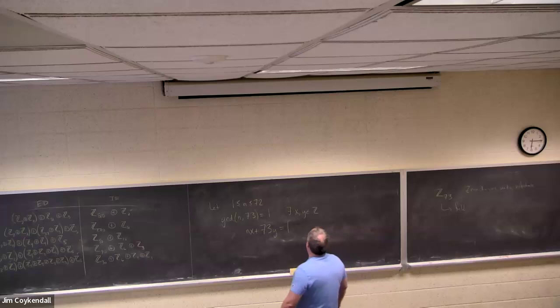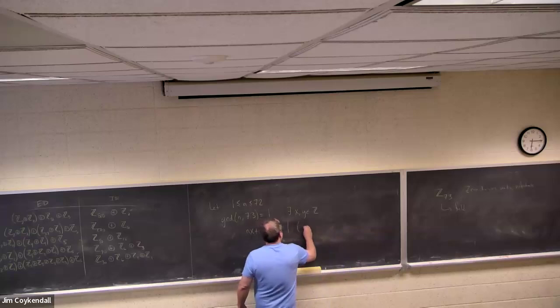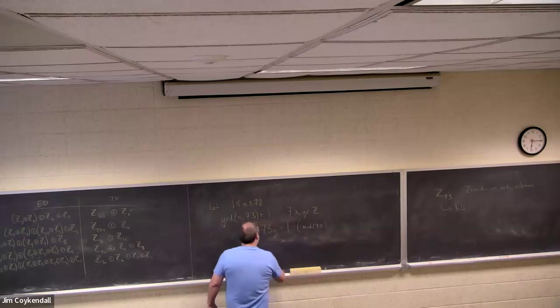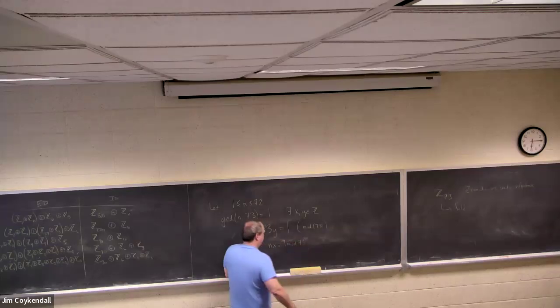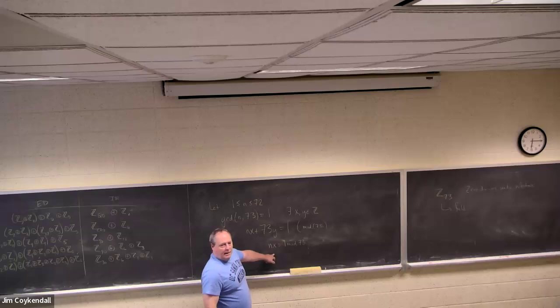Reduce this mod 73, and this means nx is equivalent to 1 mod 73. So whatever this n is, x is its inverse.